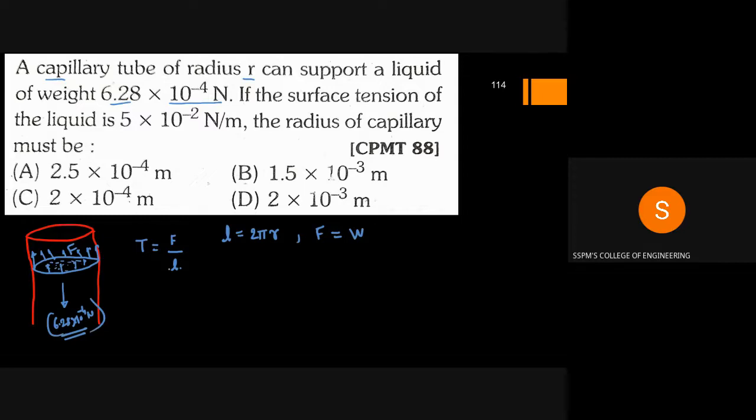So put this value in this equation. T is 5 × 10^-2 Newton per meter, so this is equal to 6.28 × 10^-4 upon 2 pi into r.